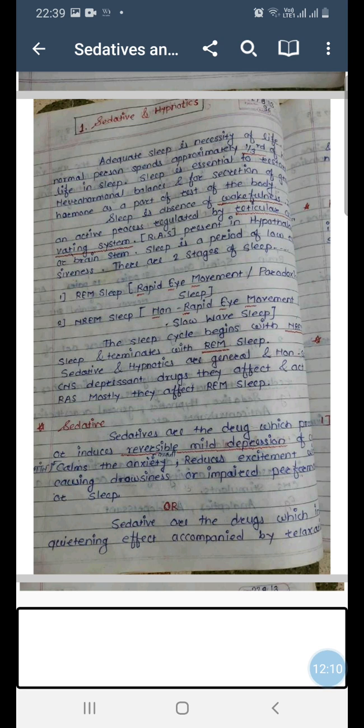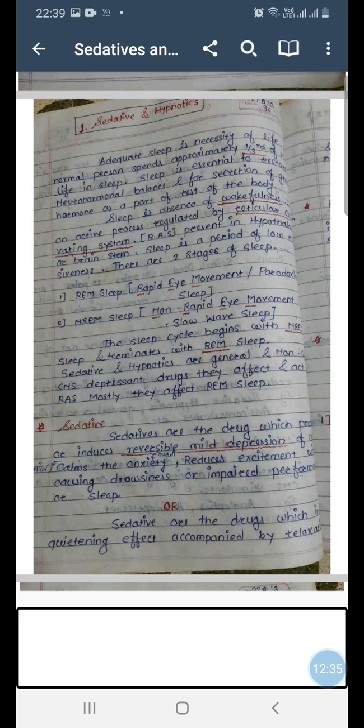So whenever the drugs are withdrawn, whenever the drugs are stopped, suppose hypnotics are stopped, then a pressure of REM sleep will build up, or the period of REM sleep will increase. So this is all about the general information about sedatives and hypnotics.